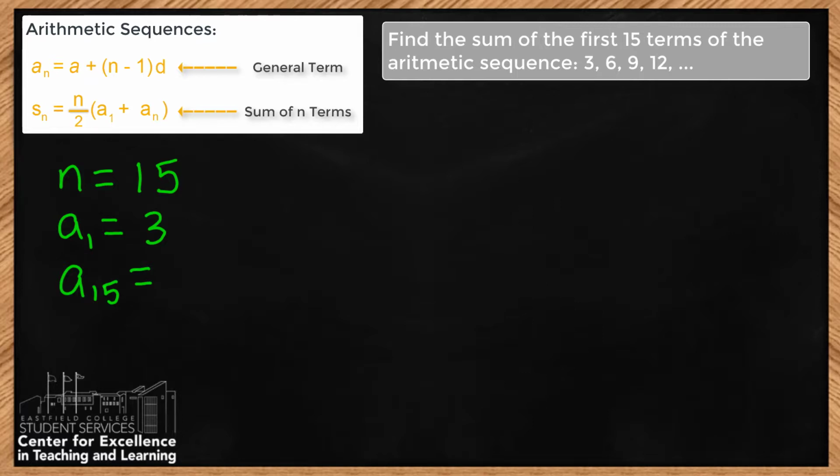So if you recall the formula that's listed above, for us we would find a1 plus n minus 1 times d, and we need to figure out what is a1, what is n, and what is d. We already know a1 is 3, and we know that n is 15.